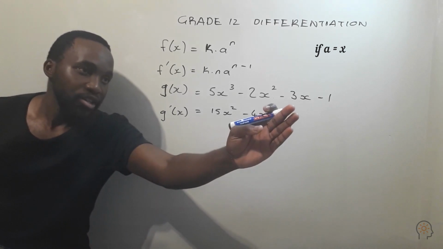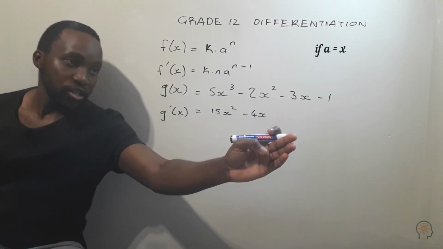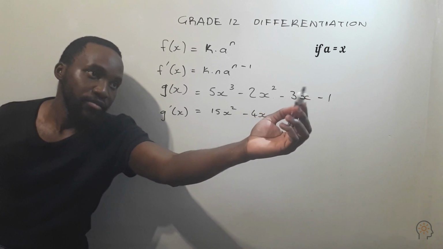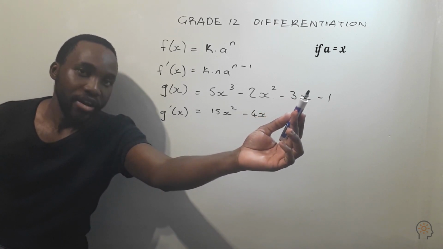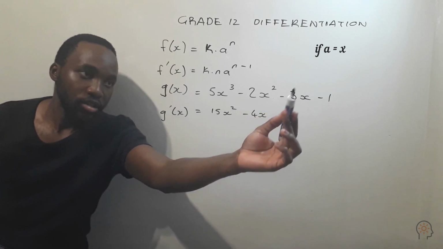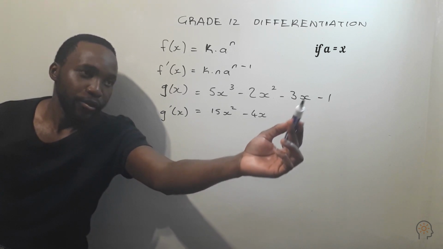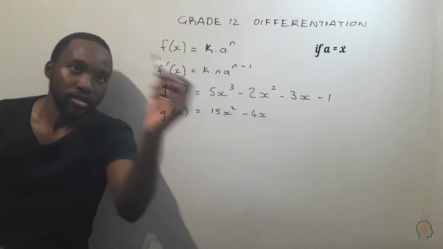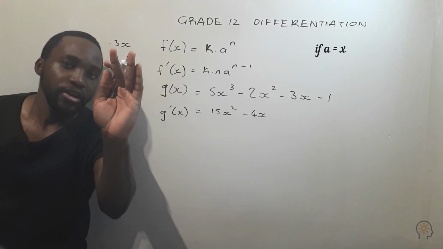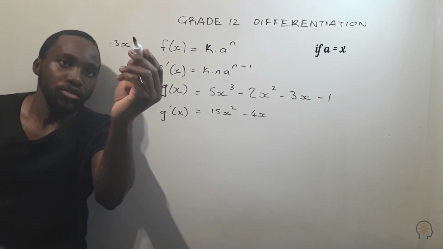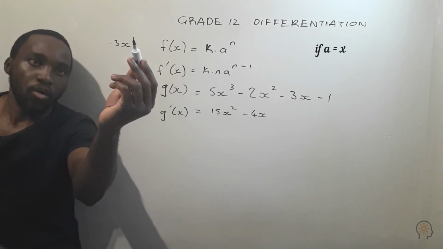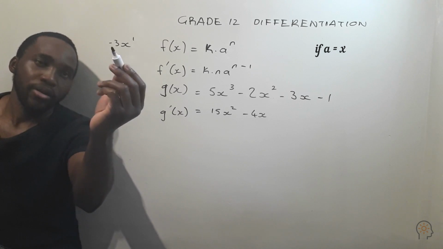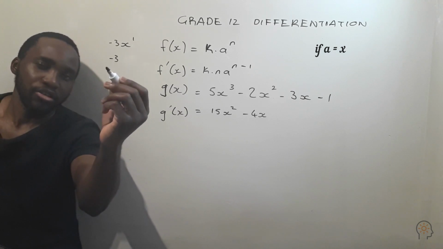Now, when you differentiate these last two, the first key thing you want to remember is anytime you differentiate anything with 1 as an exponent, for example, what we have here. If you're going to differentiate negative 3x, all that you're going to say is 1 multiplied by negative 3, that's going to give you a negative 3.